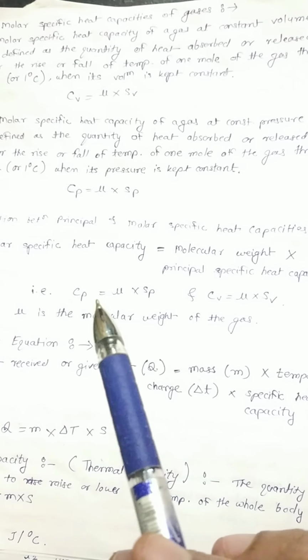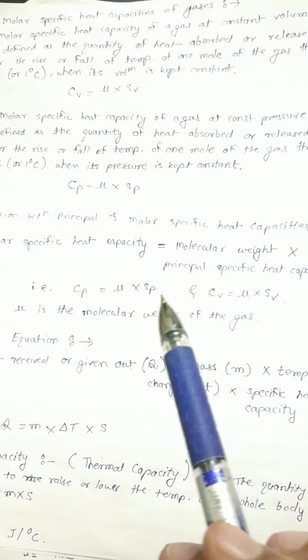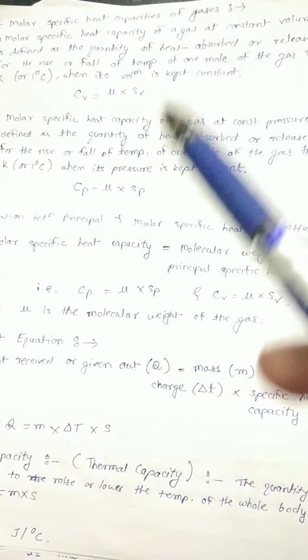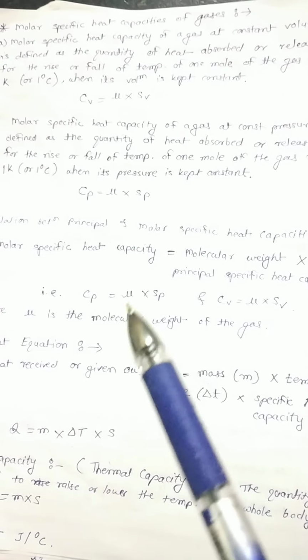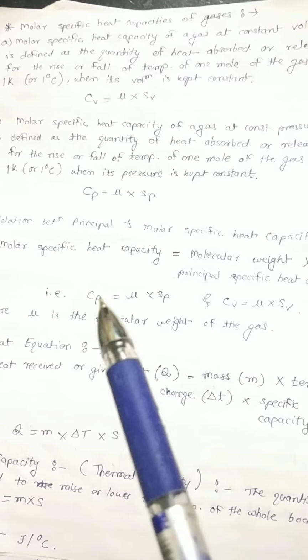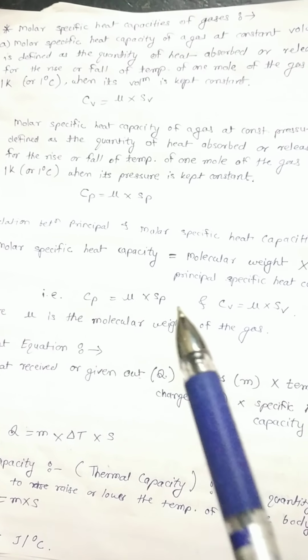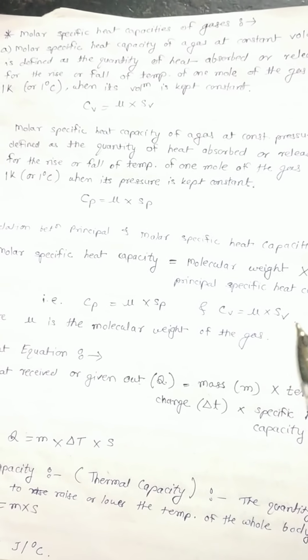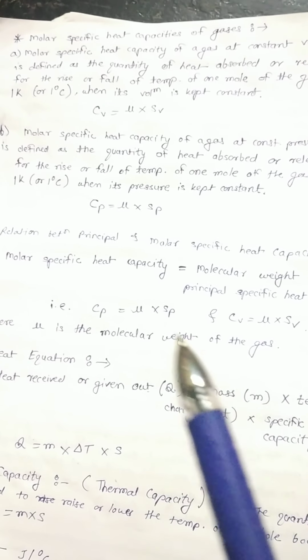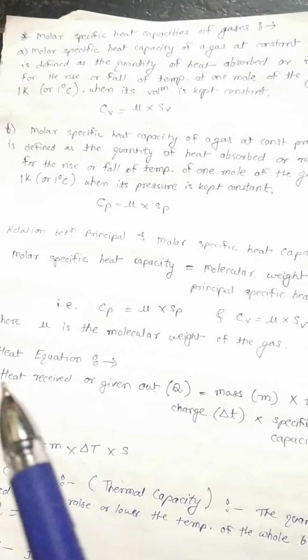That is, Cp = μ × Sp or Cv = μ × Sv. These two definitions we already learned. So mathematically or formally, Cp = μ × Sp and Cv = μ × Sv, where μ is the molecular weight of the gas.